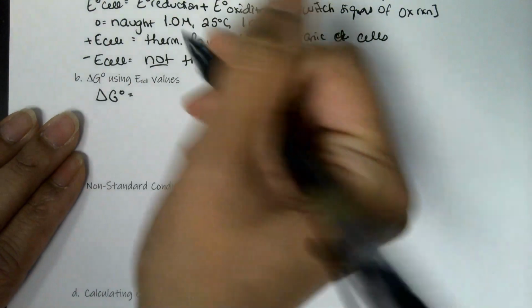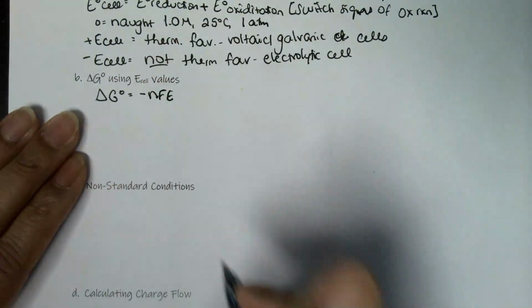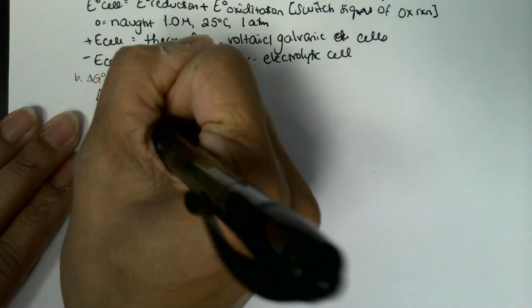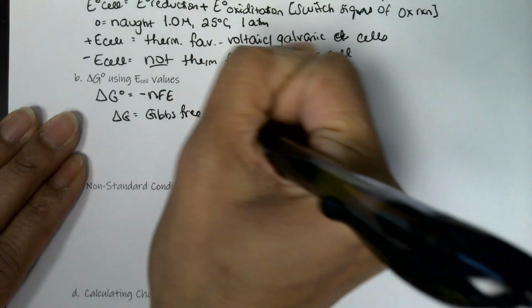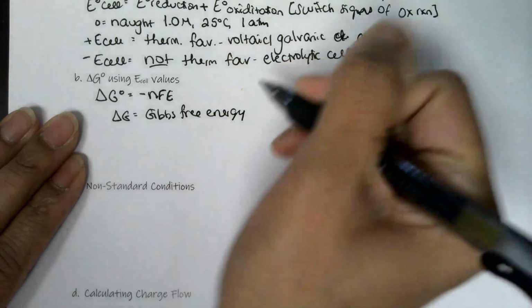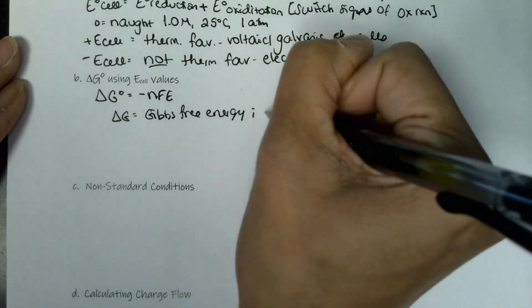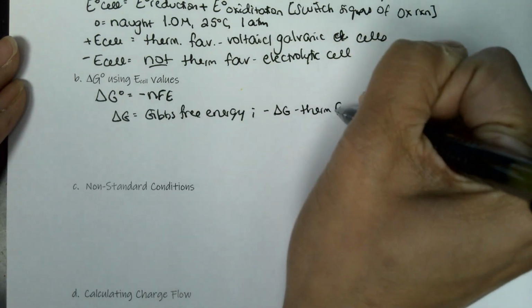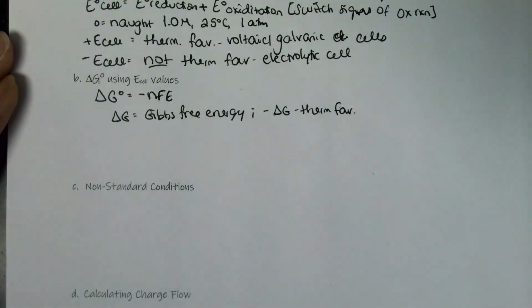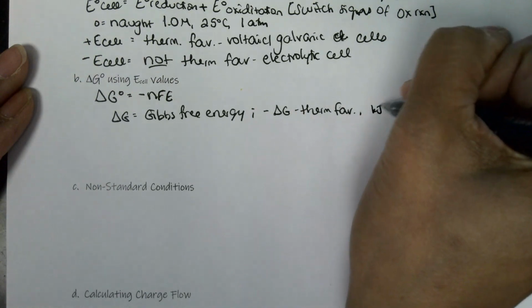So delta G is equal to negative nFE. Delta G is Gibbs free energy. If it's negative, it's thermodynamically favorable, whereas if it's positive, it's not thermodynamically favorable. This is also going to be in kilojoules per mole.